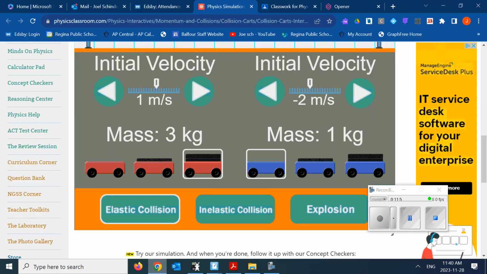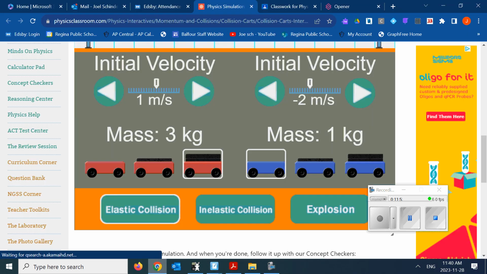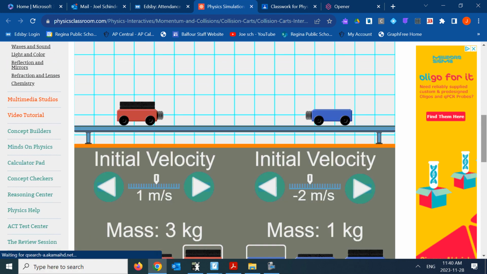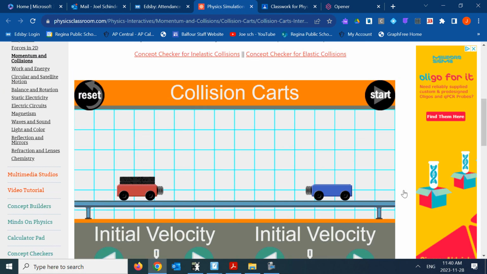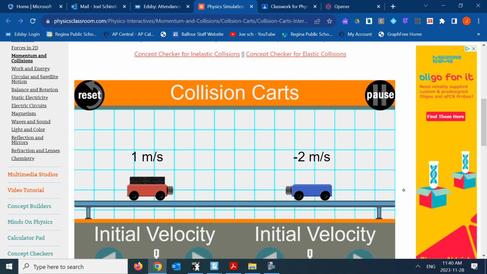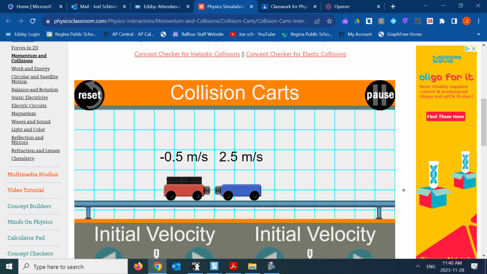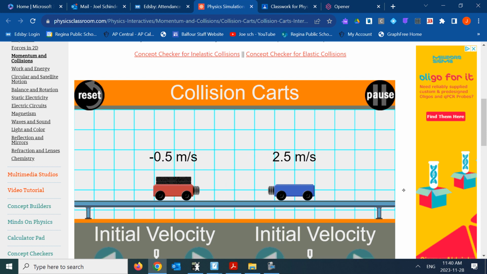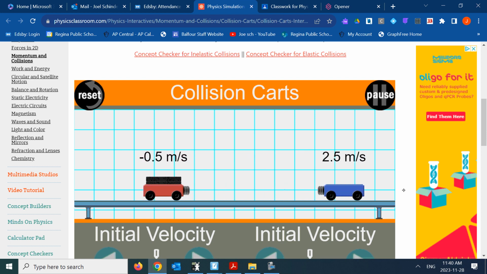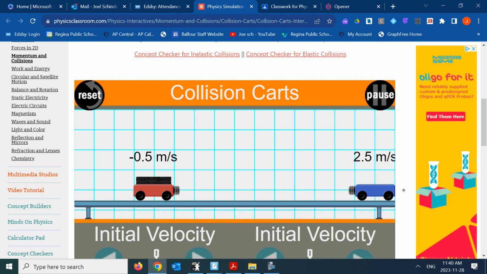So, I got this set up. Let's run it through. So, approaches. Wow! Go opposite direction, right? If they were the same mass, same speed, they go backwards.